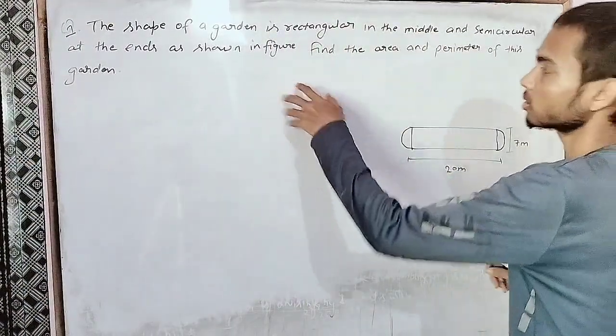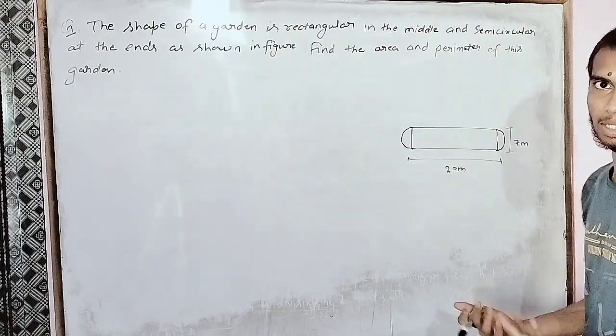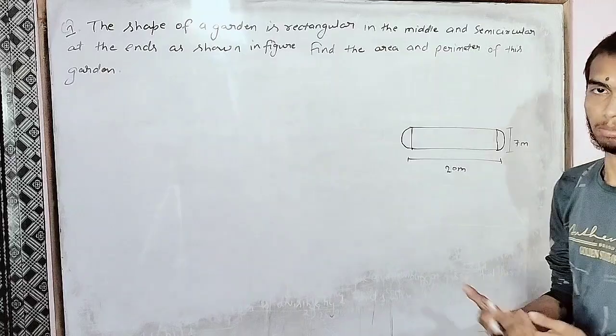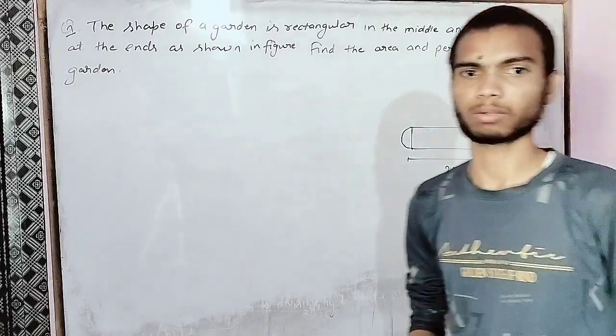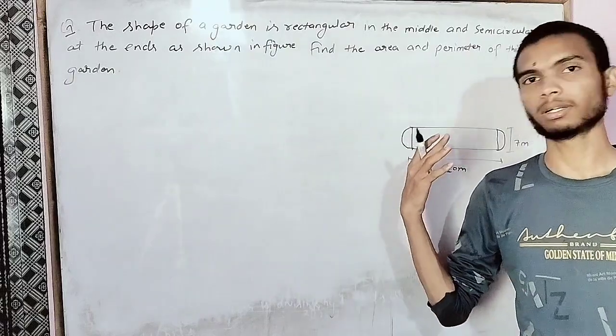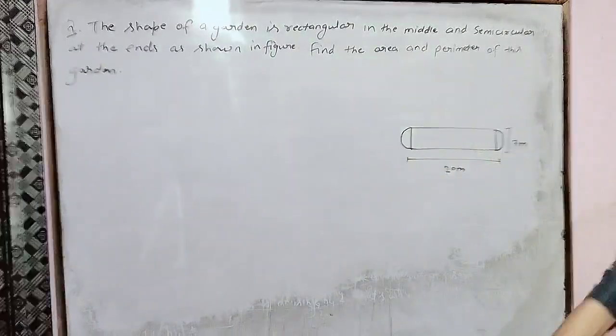This is the figure of this question, and as you know, a diagram makes us clear to understand more, for more clarification, what the question is saying. So by observing a diagram, we can be more clear what the question is saying.